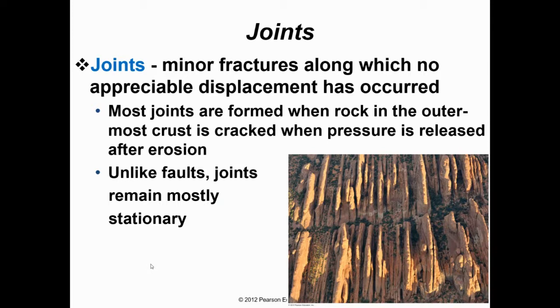Oftentimes it's because of the movement of Earth's plates. That movement can brittlely cause cracks to form within the rocks themselves. But the main thing about joints is that they don't move. Unlike faults, joints, if they do form, they just stay stationary.